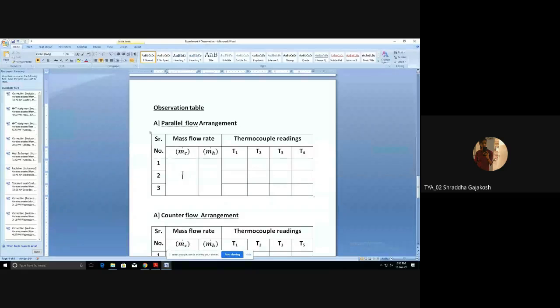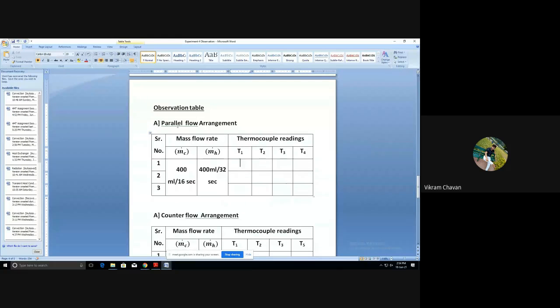Mass flow rate of cold fluid in case of a parallel flow arrangement: 32 seconds for hot fluid and 16 seconds for cold fluid. 400 ml divided by 16 seconds and 32 seconds.